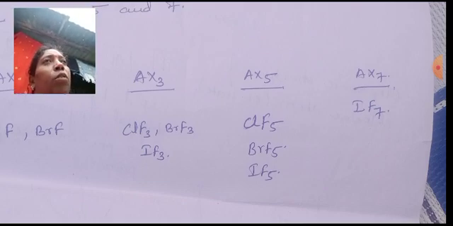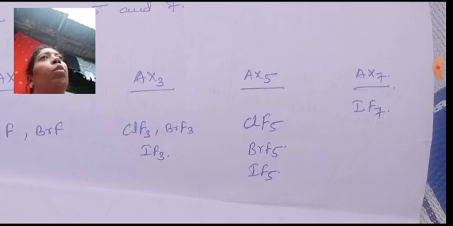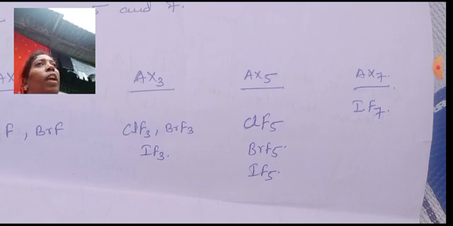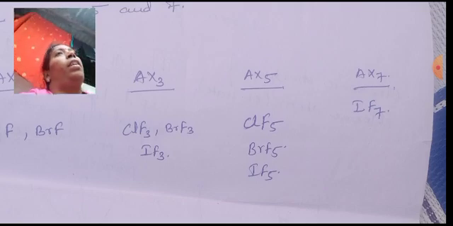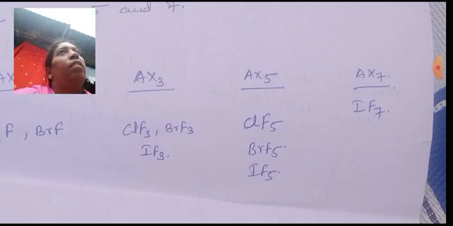First, from the ground state electronic configuration, in the first excited state one electron will jump into the d orbital. In the second excited state, one more electron will jump into the d orbital. In that way, 5 unpaired electrons are formed where sp3d2 bonding is involved, and the shape is square pyramidal.